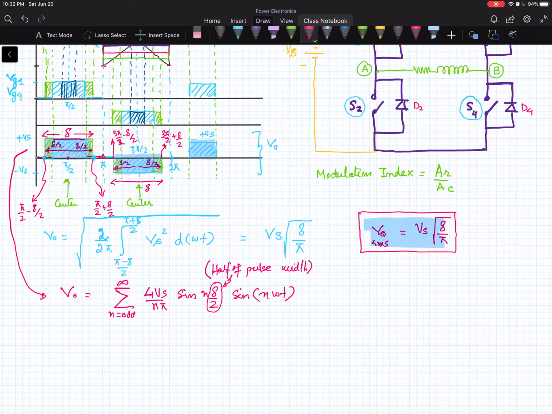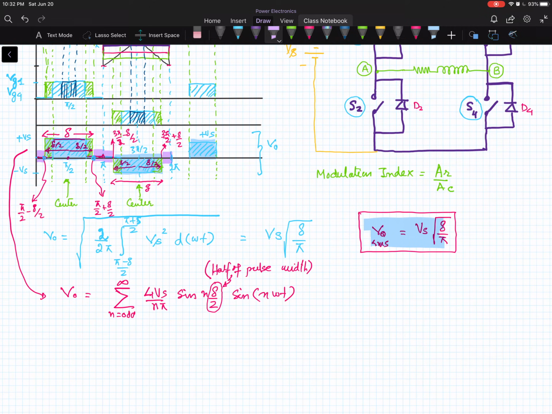We can also represent the Fourier series in terms of the dead band. And what is the dead band? Dead band is basically this part, this one and this one, dead band in the positive half cycle, and equal dead band we have in the negative half cycle, equally distributed on the two sides of the pulse, right?